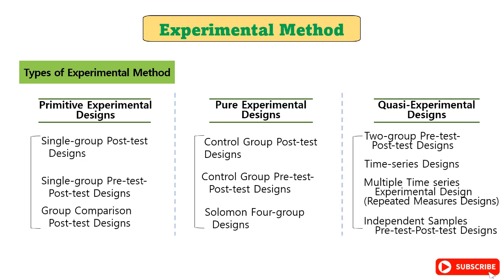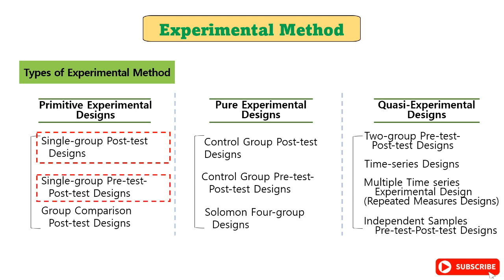Furthermore, in quasi-experimental designs, there are two-group pre-test post-test designs, time series designs, repeated measures designs, and independent samples pre-test post-test designs. Explaining all 10 designs would take a lot of time, so here, I will focus on explaining 4 key experimental designs that are crucial for understanding: single group post-test design, single group pre-test post-test design, control group pre-test post-test design, and time series design.